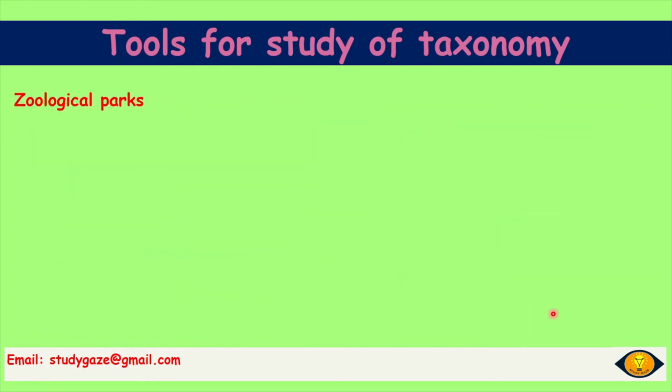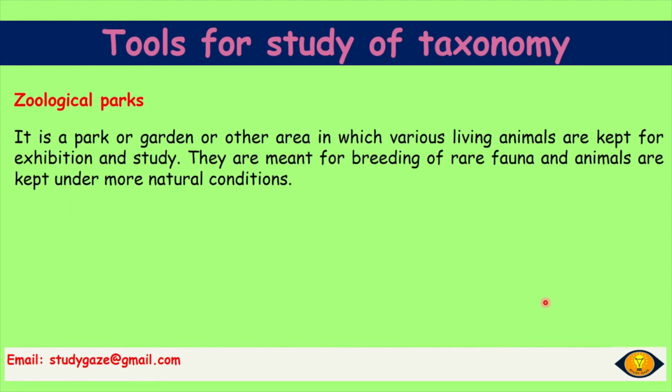Next is zoological parks. It is a park or garden or other area in which various living animals are kept for exhibition and study. They are meant for breeding of rare fauna, and animals are kept under more natural conditions.